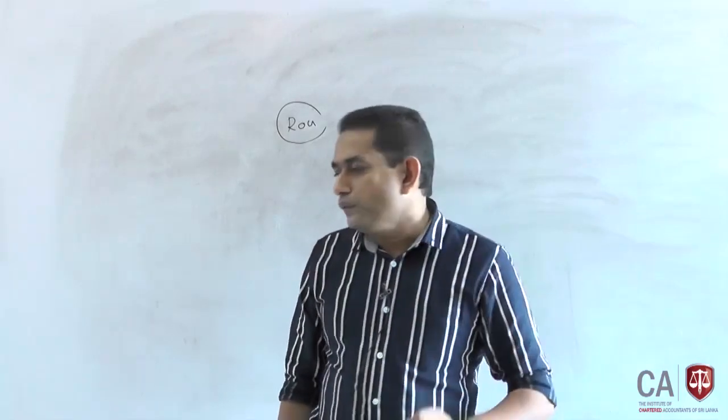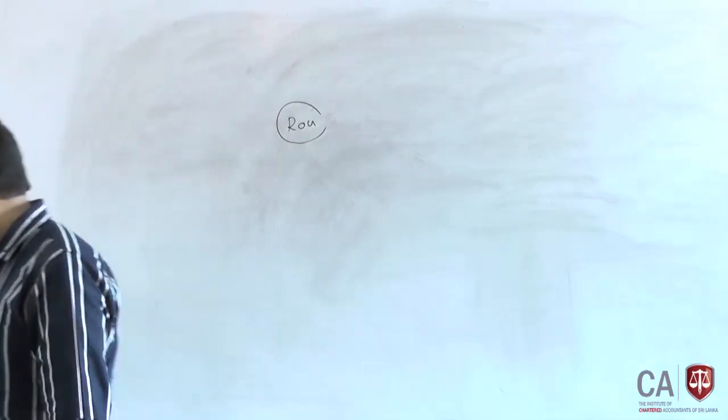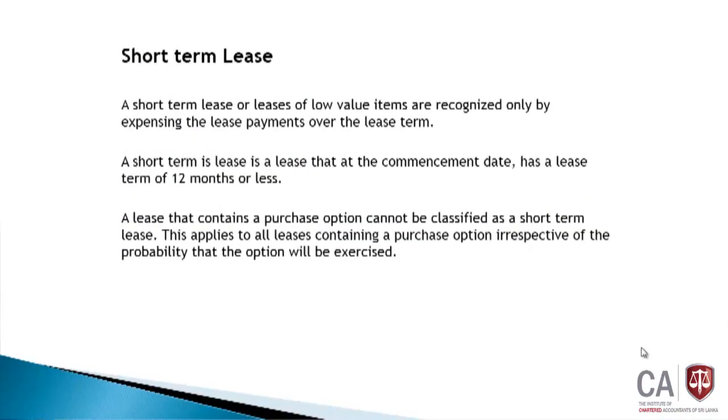So, let us see how you recognize leases where the values are of an insignificant amount and leases of a short term nature. But before that I must remind you of one small point.